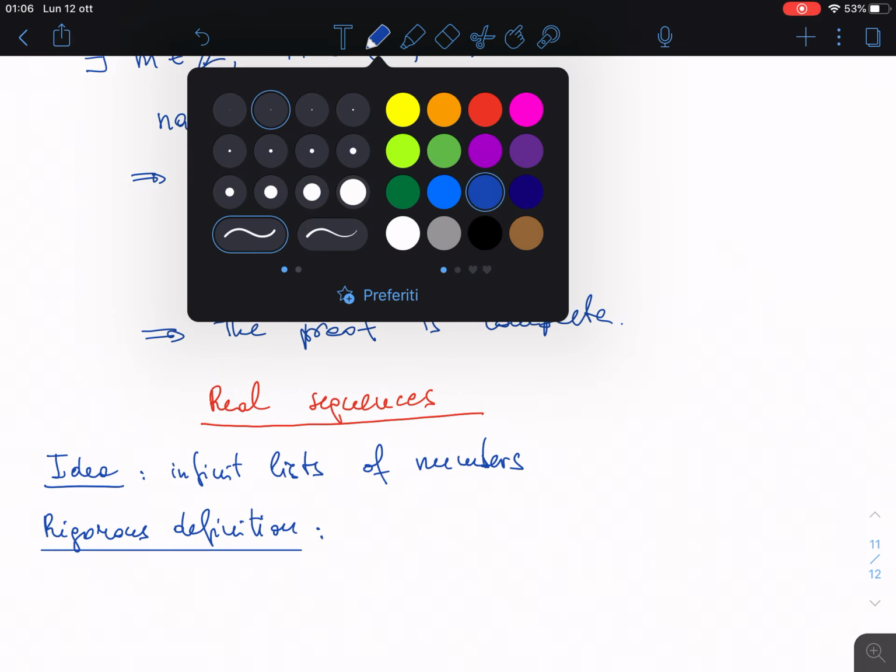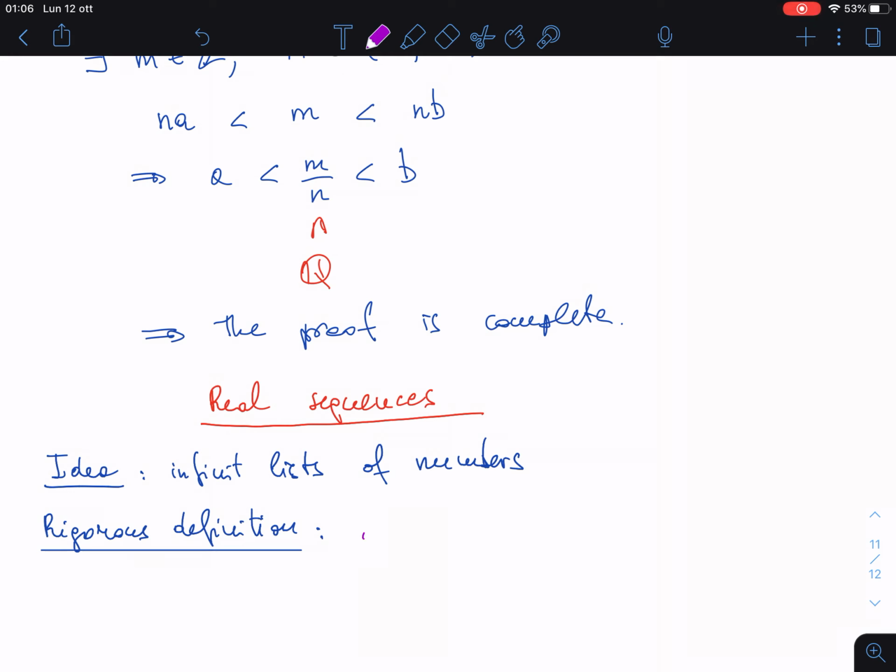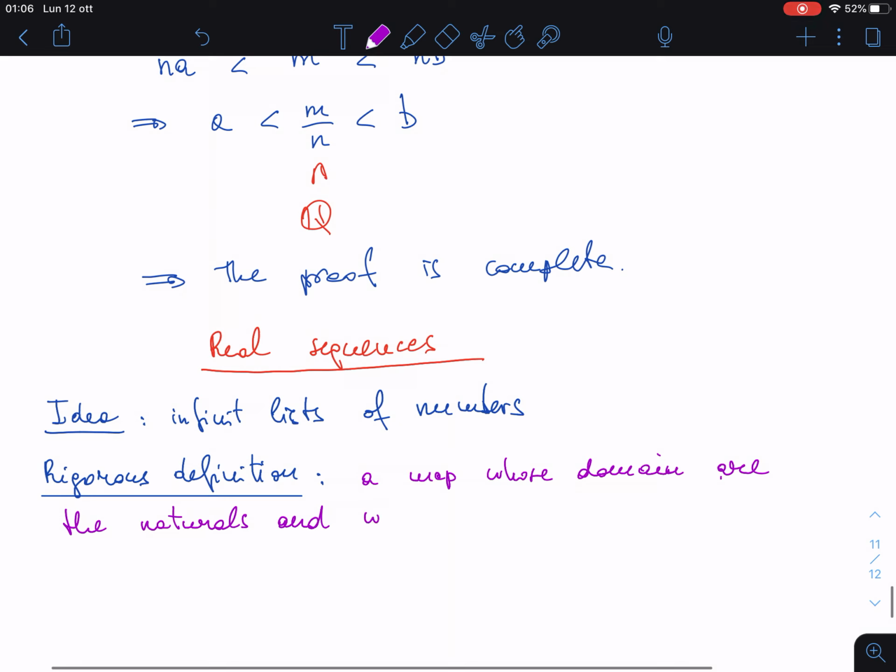The rigorous definition is nothing but a map whose domain are the natural numbers and whose target set are the reals.